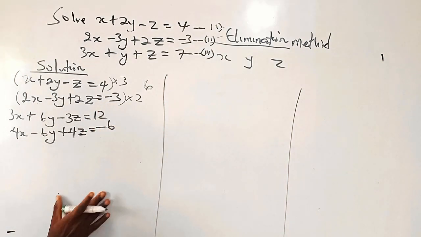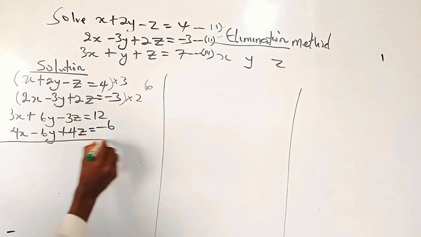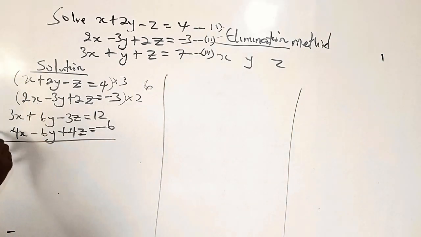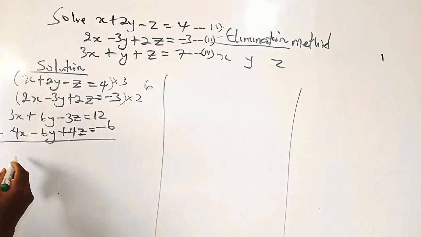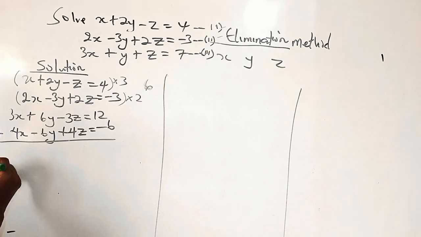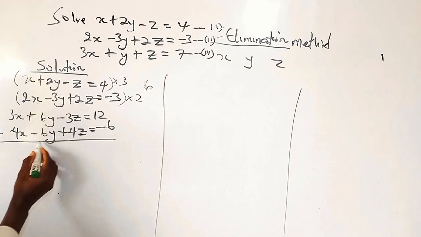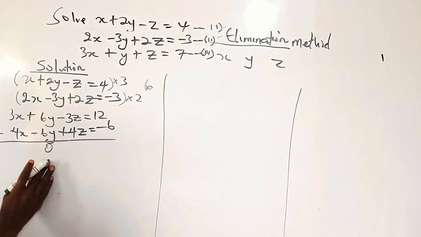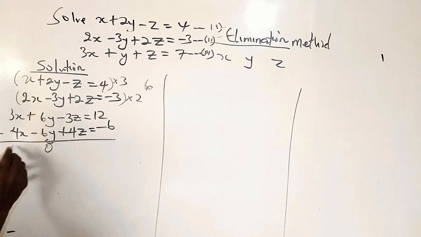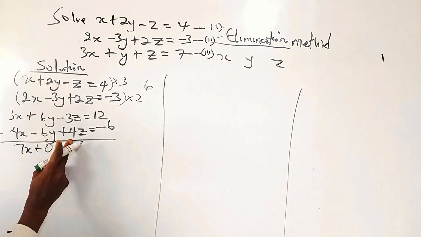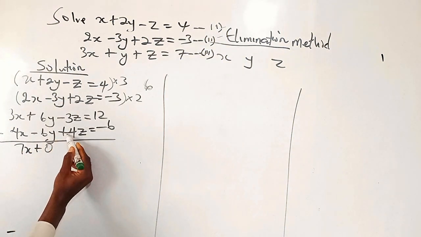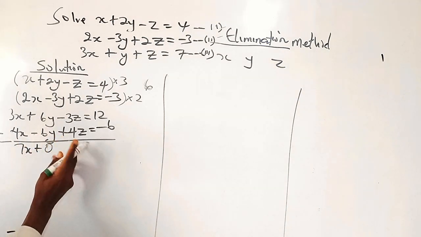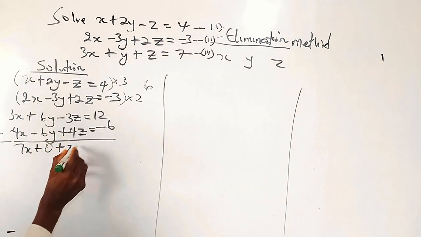From here, I have to add this equation to this equation. This is minus 6y and the other is plus 6y, so they cancel and turn to 0. So 3x plus 4x is 7x. Minus 3z plus 4z is plus z.